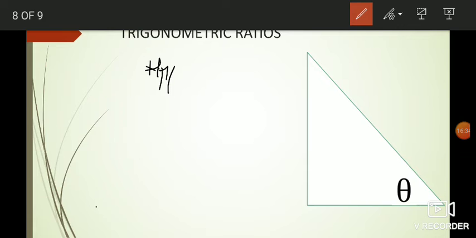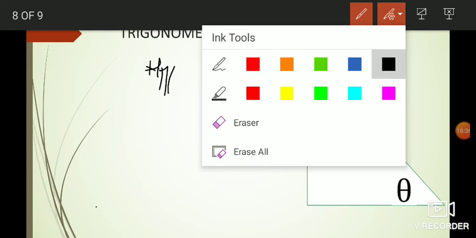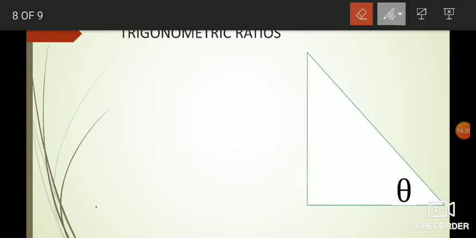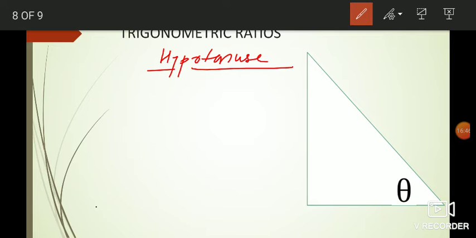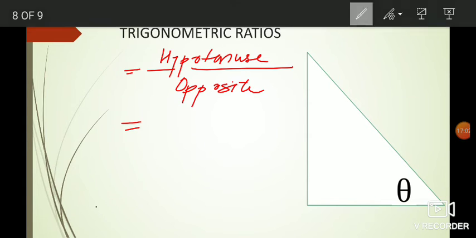When we write hypotenuse upon opposite, we are going to give it one more name. First let me make the reciprocals of all three.